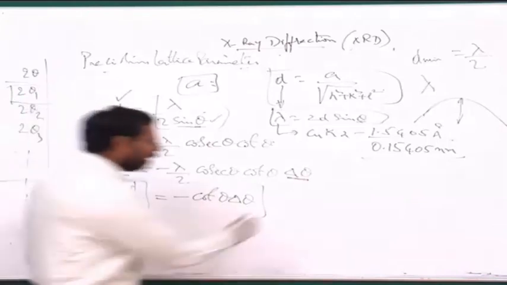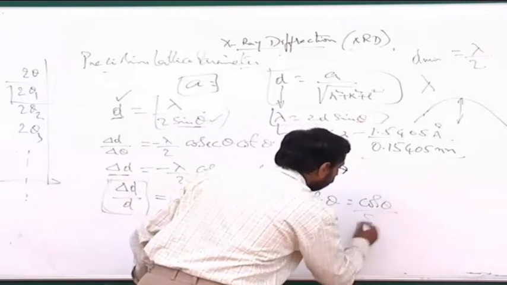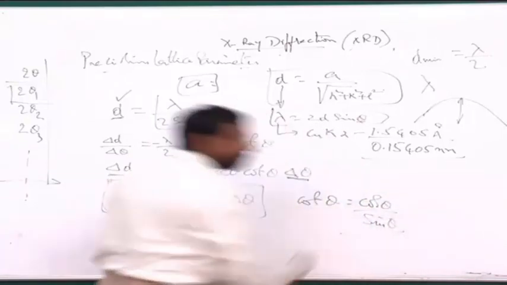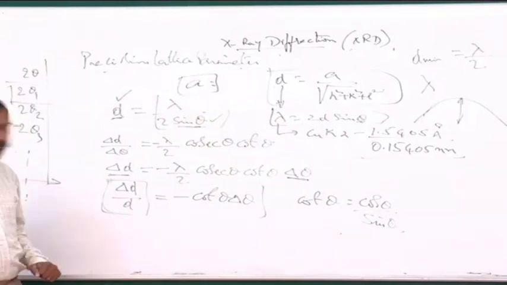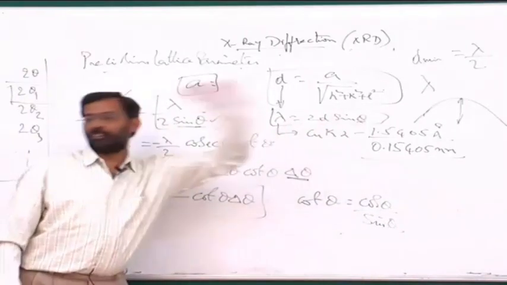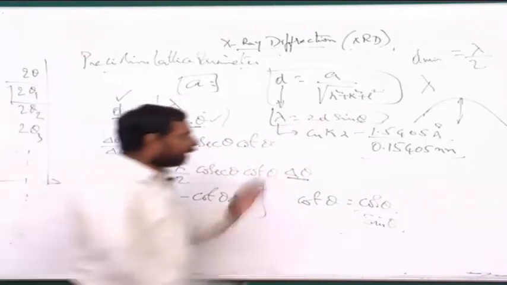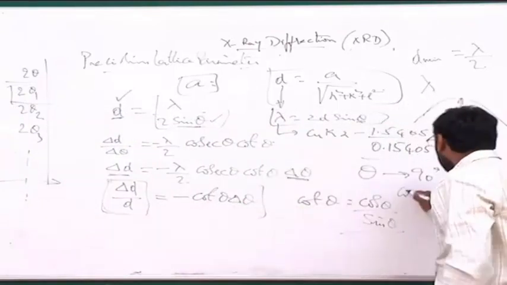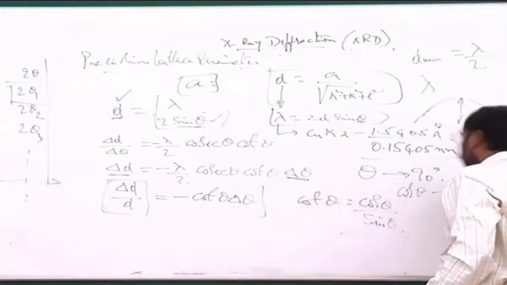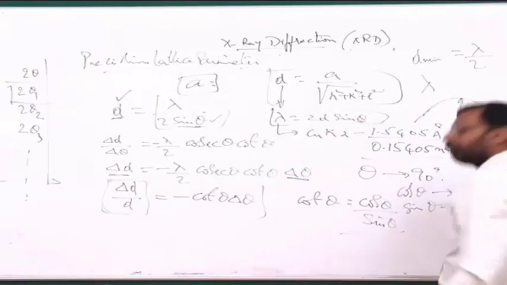What is cot theta? Cot theta is cos theta by sin theta, right? So if the theta is very large, what happens? As theta tends to 90 degrees, cos theta tends to 0 and sin theta tends to 1.